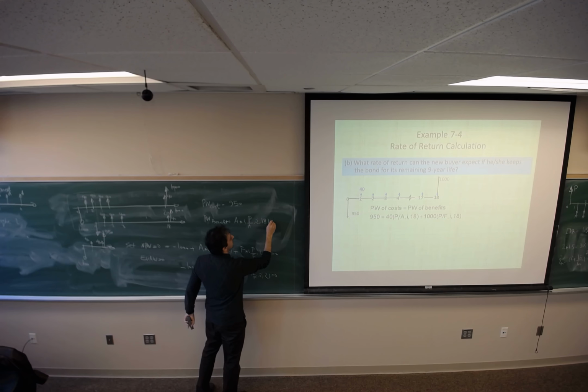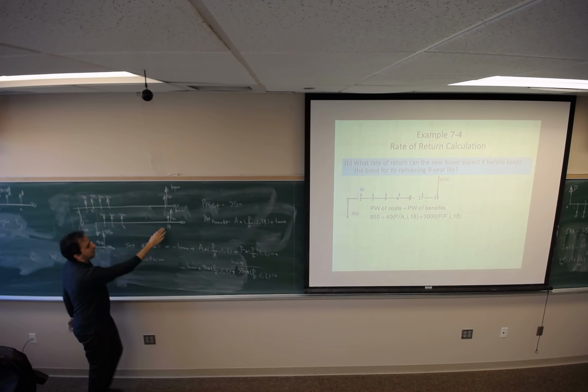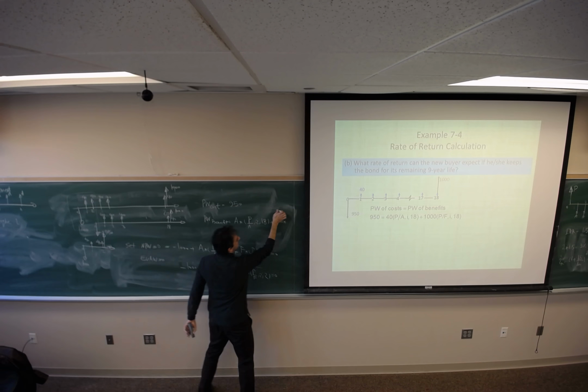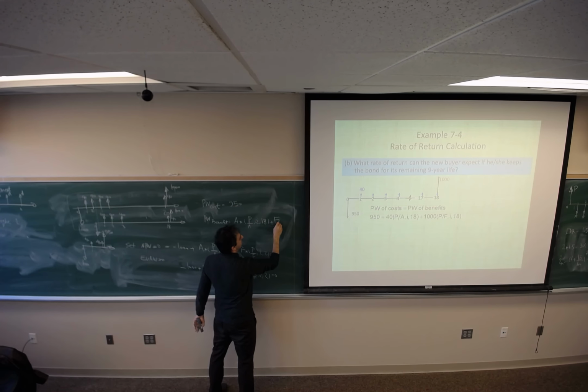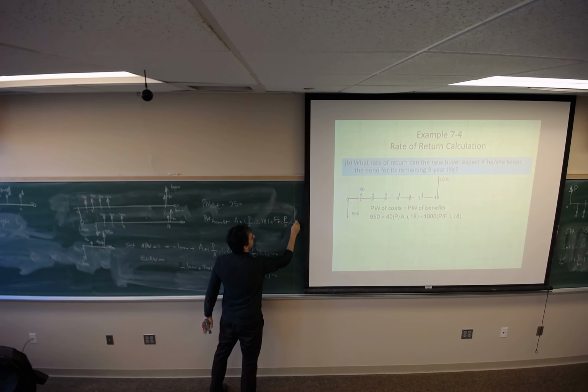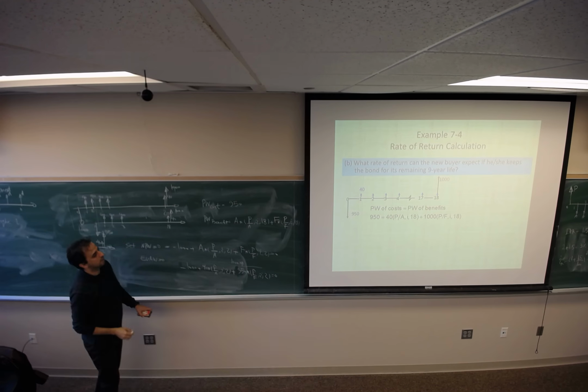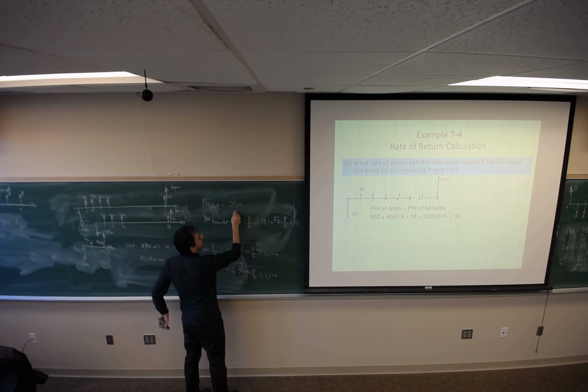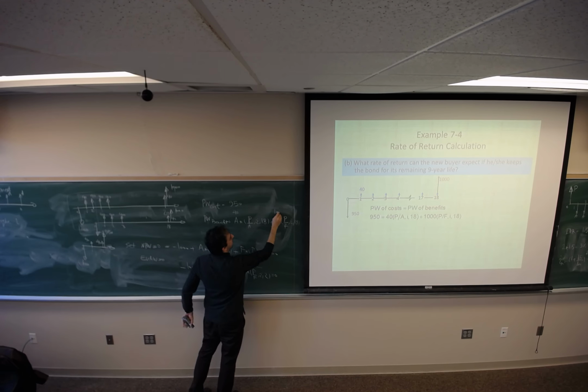We get another benefit, which is 1000 P over F, I, 18. A is 40, F is 1000.